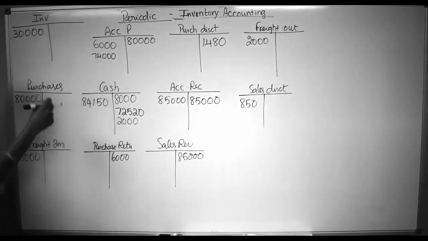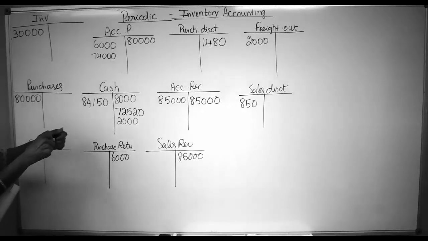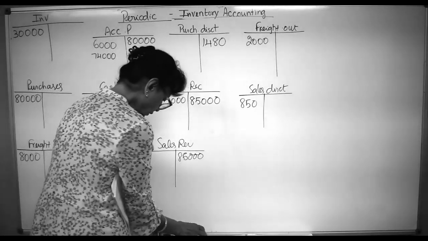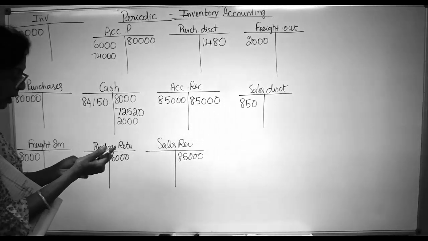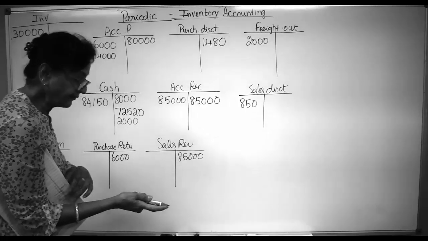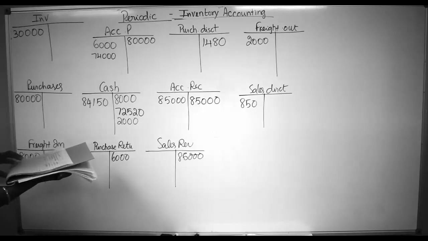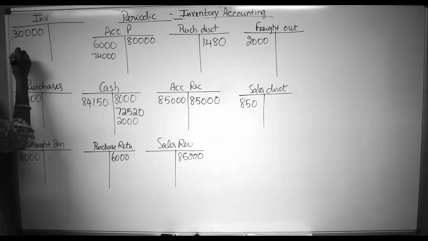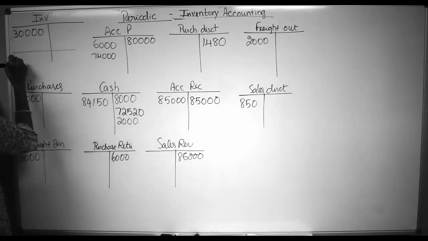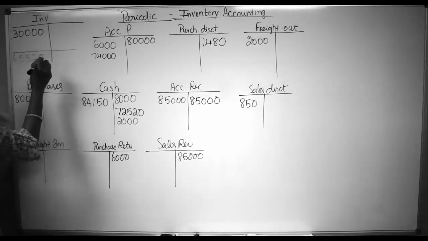So here the first one is, I'm going to put those entries in a different color. Let us see. So here the inventory balance should be brought to $65,520.